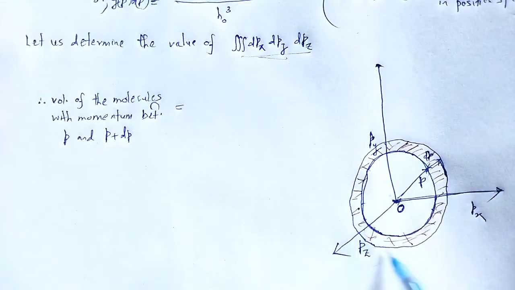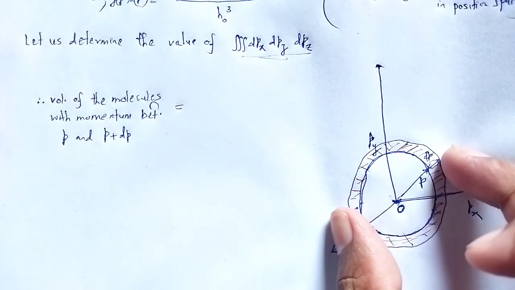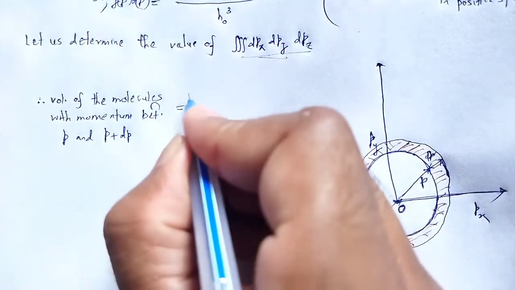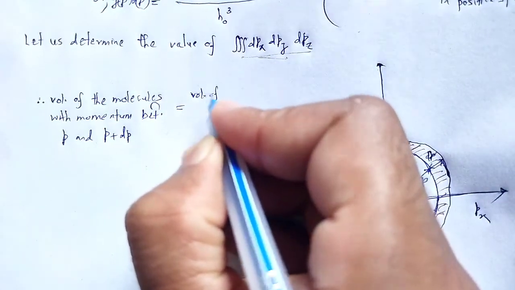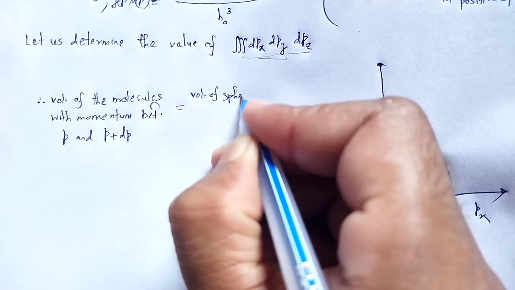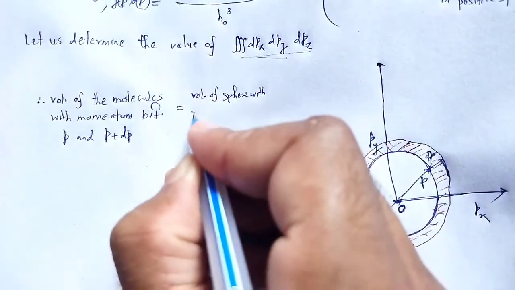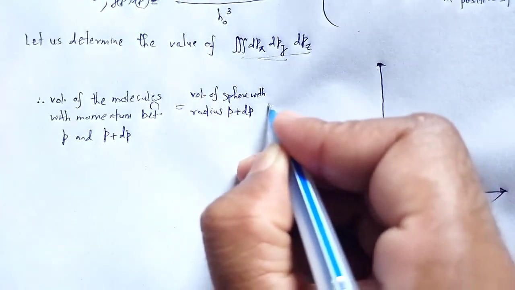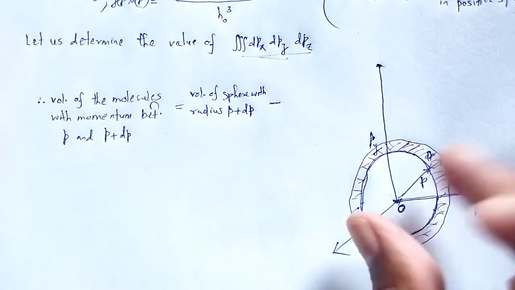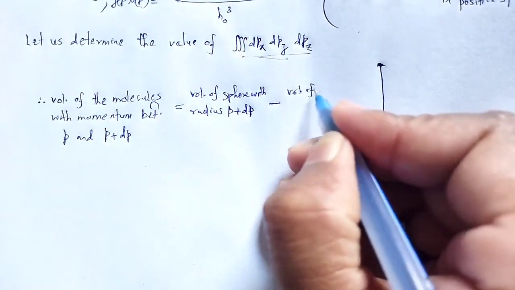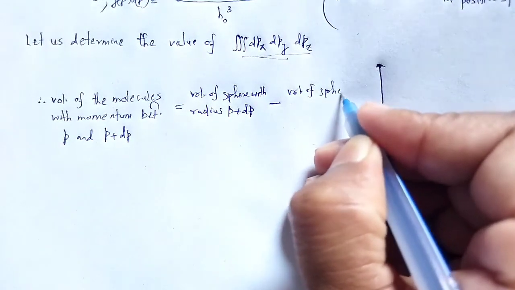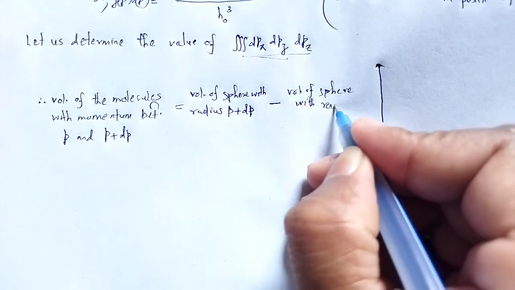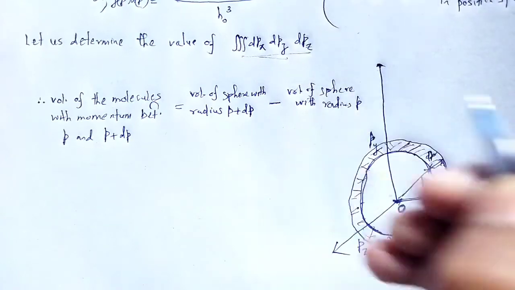The volume within this is equal to the volume of the outer sphere minus the volume of the inner sphere: the volume of the sphere with radius p plus dp minus the volume of the sphere with radius p.